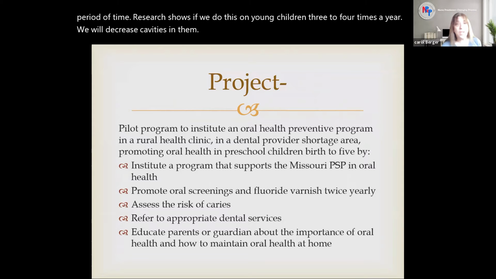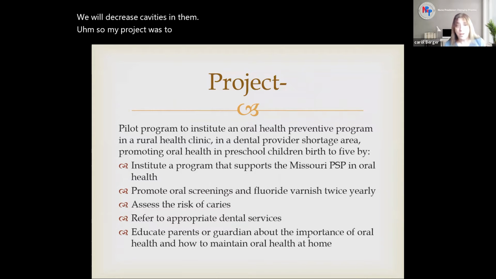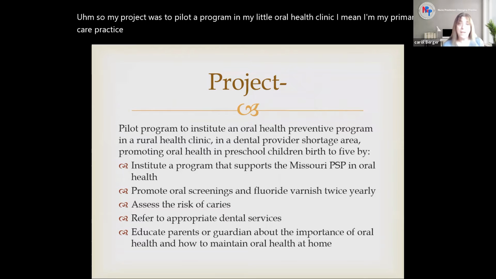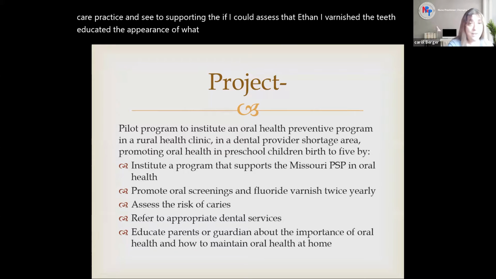So my project was to pilot a program in my little oral health clinic, in my primary care practice. I assessed the teeth, I varnished the teeth, and I educated the parents on what I found and what made a difference.